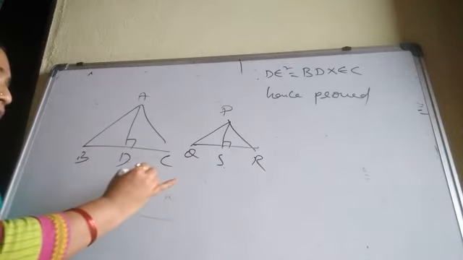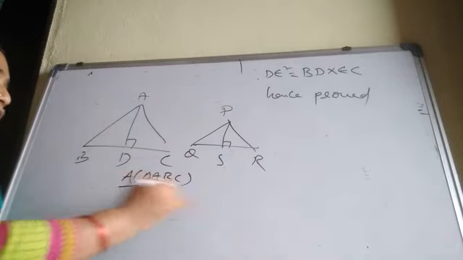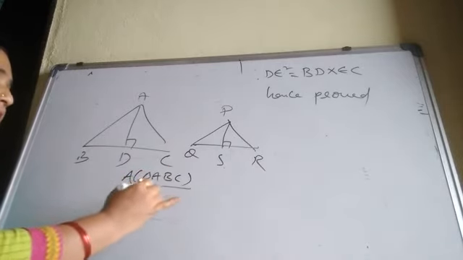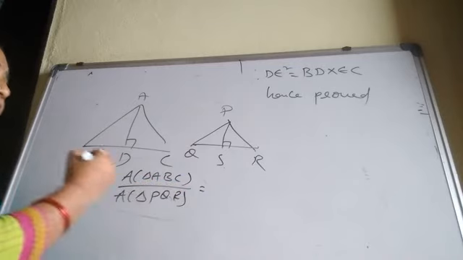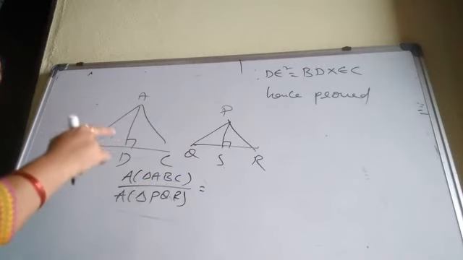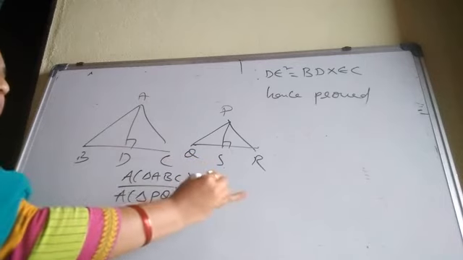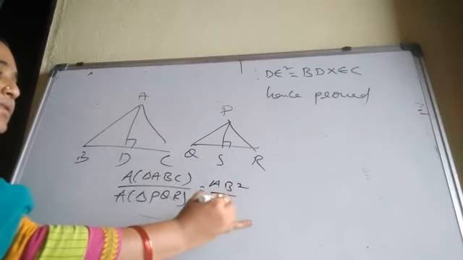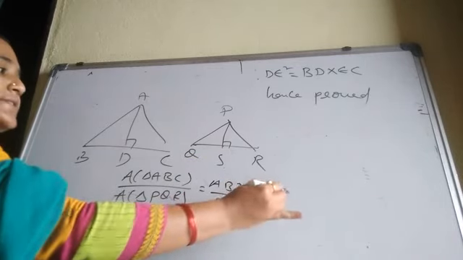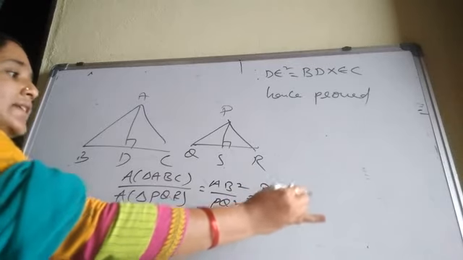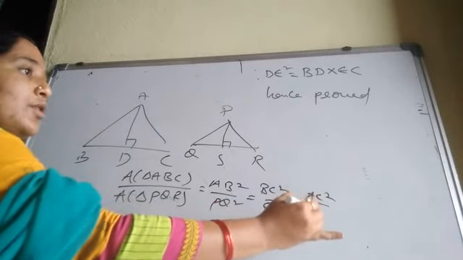See here, area of triangle ABC upon area of triangle PQR is equal to ratio of squares of their corresponding sides. AB square upon PQ square equal to BC square upon QR square equal to AC square upon PR square.